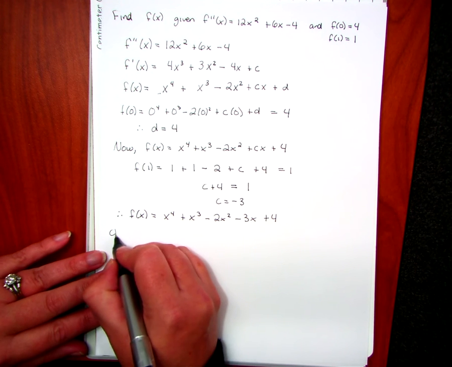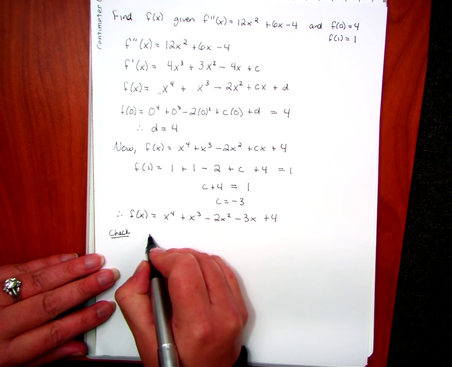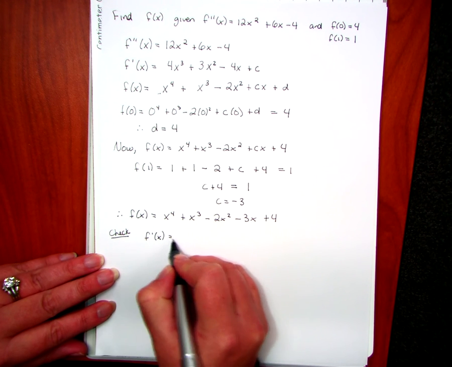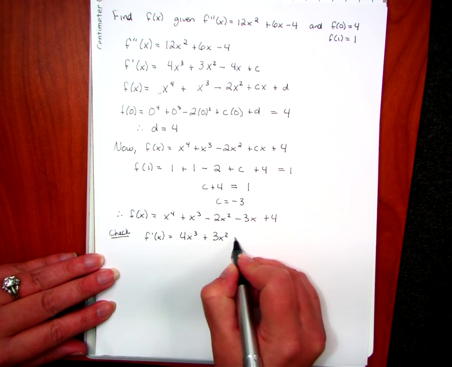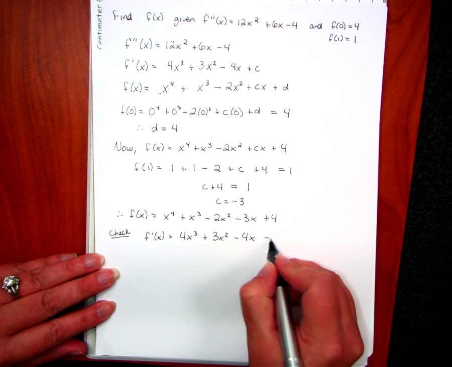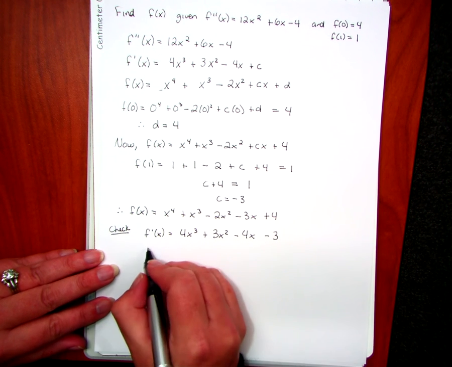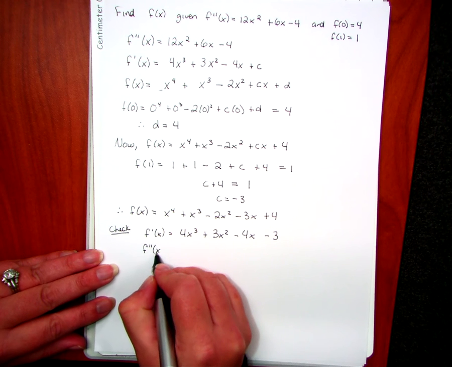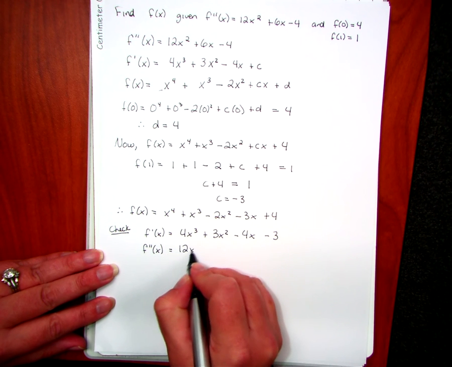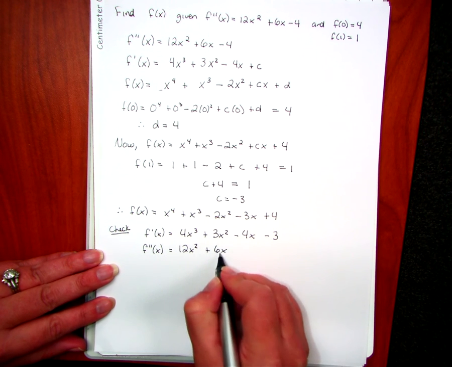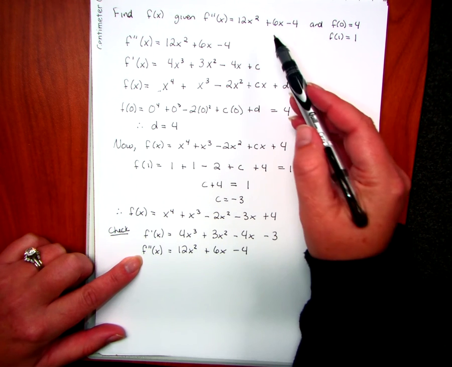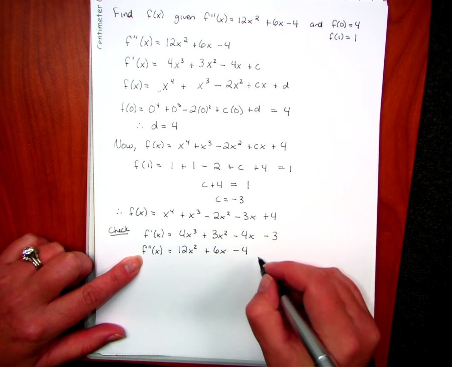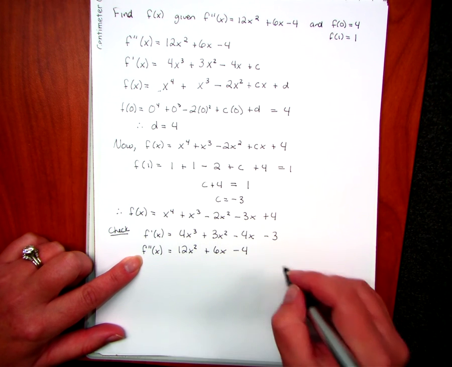So as a check, I'm going to find the first and the second derivative. I'm going to get 4x cubed plus 3x squared minus 4x minus 3. And then if I take the derivative of that, I get 12x squared plus 6x minus 4. And the f double prime matches the original f double prime, so I know my answer is correct.